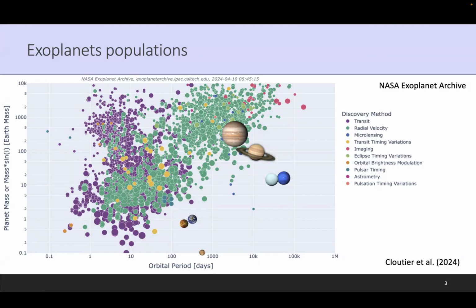As you can see, these exoplanets occupy different mass-period parameter space. Here there are some hot Jupiters, cold Jupiters, some sub-Neptune planets, and here also shows the position of our solar system planets.